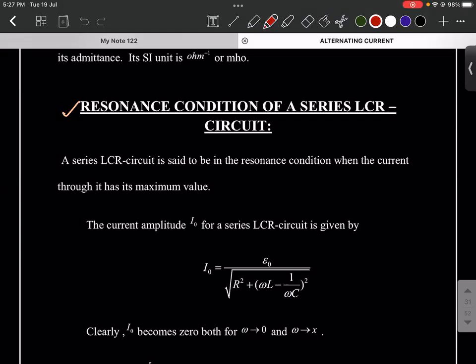Last class I explained to you about resonance. You've heard this word, right? You would have heard the word resonance in waves. So what does resonance mean?